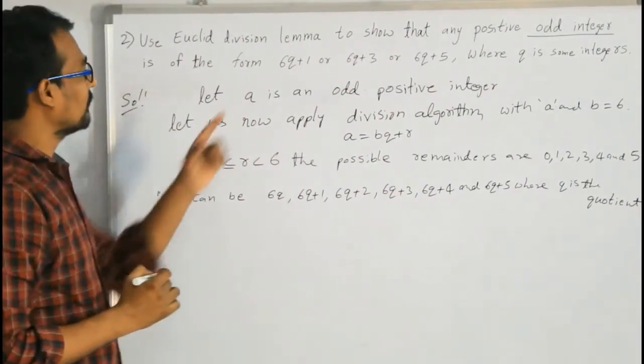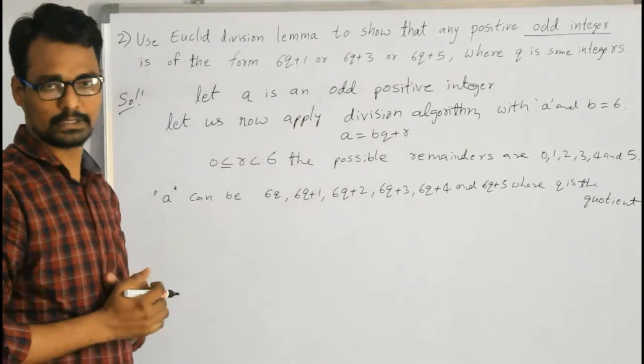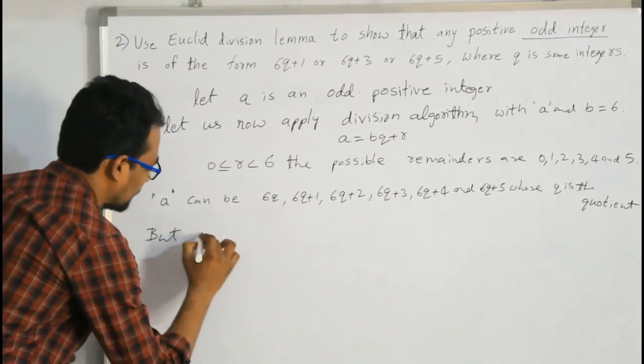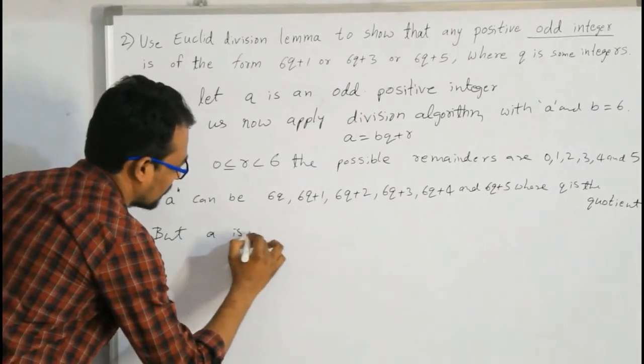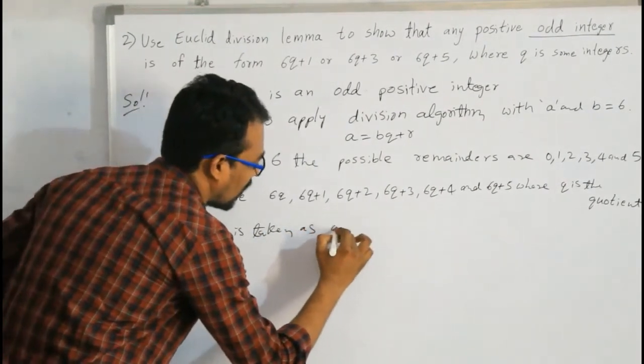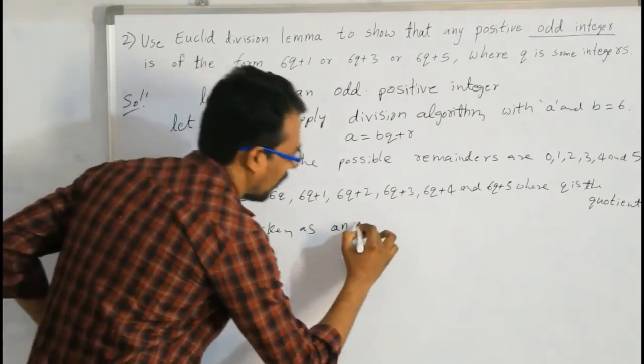Now here we are thinking a is an odd positive integer.